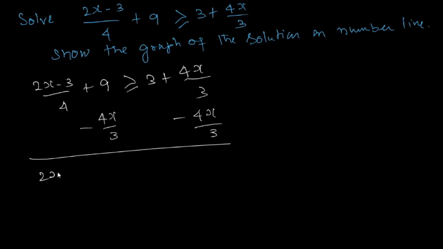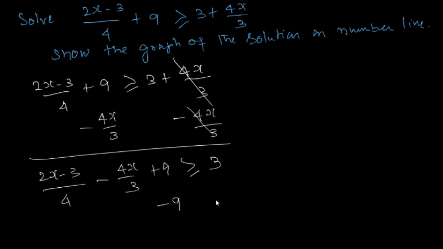So (2x minus 3) divided by 4 minus 4x by 3. Now you have plus 9 greater than or equal to 3. So this can be struck out. Now I want to remove this 9. So add minus 9 on both sides so that you can remove it.